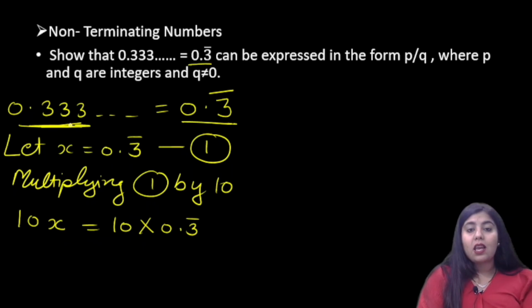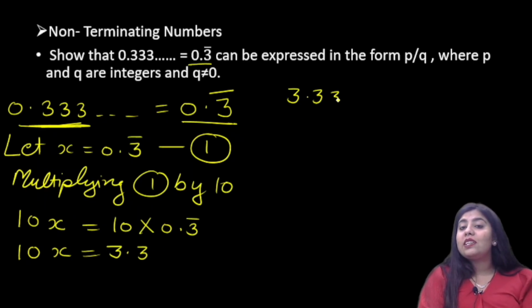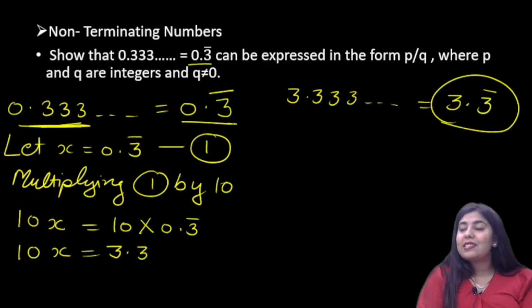You can write 10x as it is, and when you multiply 0.333 and so on by 10, you will get 3.333 and so on, which equals 3.3 bar. We can write it like this. So it is 3.3 bar. Now give it the name equation number 2.